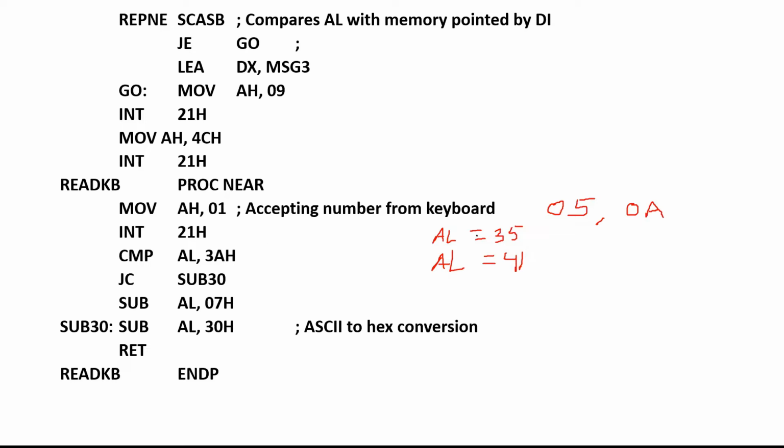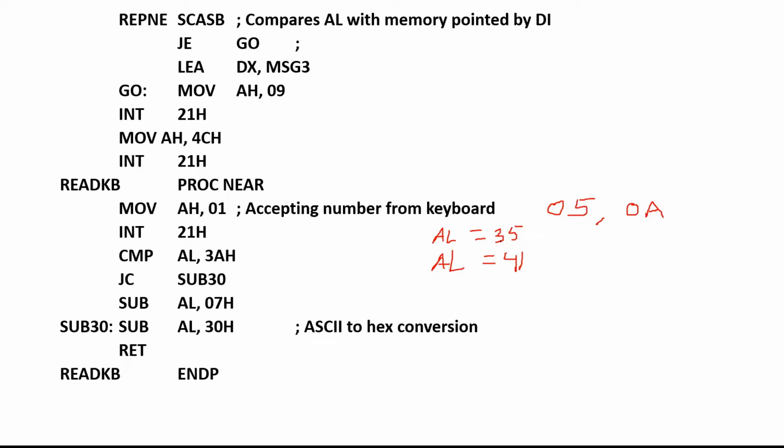So when you enter a value using the keyboard, AL contains its ASCII value. But I don't need an ASCII value. For comparison, I need the actual digit. If I have entered 5, it should be 5. So I have to convert this ASCII value back to the hexadecimal value.